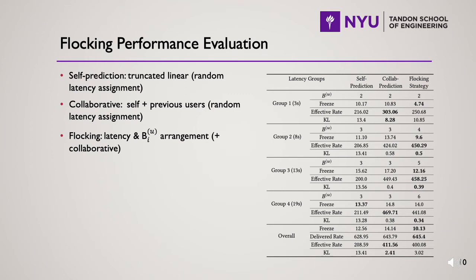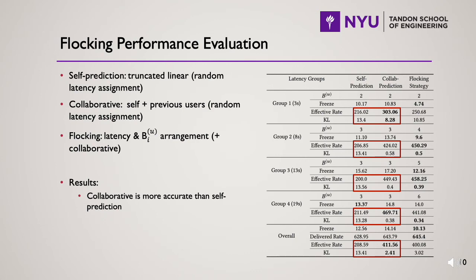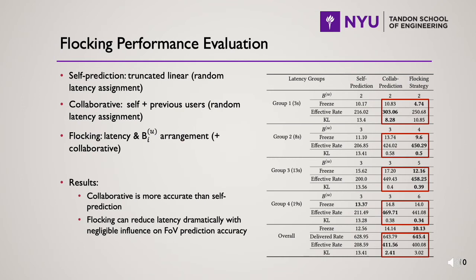For the flocking strategy, collaborative prediction is adopted, but users are assigned different initial latencies and buffer upper bounds based on their network condition. From the result, we can still find collaborative prediction is more accurate than self-prediction. In addition, while comparing the flock with collaborative, we find the flocking-based strategy can reduce latency dramatically with negligible influence on FOV prediction accuracy.